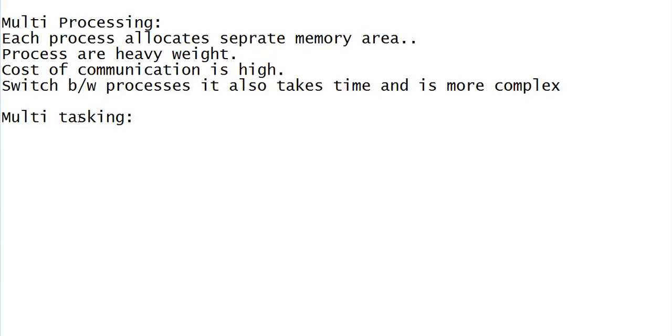In multi-threading, threads share the same address space. So if there is a thread T1 which occupies a 16-bit memory, and there is yet another thread T2 that comes into the picture, then it will share its execution in that 16-bit space of thread T1 only.